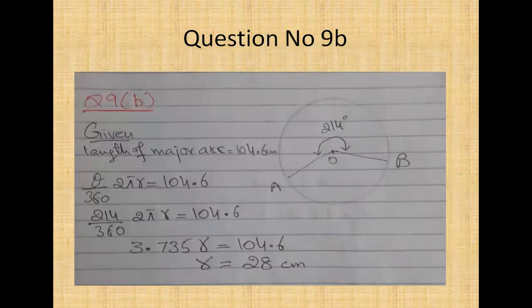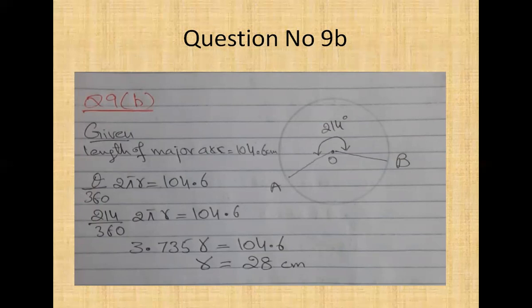So the length of the major arc is given, that is 104.6 centimeter. The angle subtended by the major arc is also given, that is 214 degrees. And the question is, what is the radius? So it will be theta by 360 times 2 pi r equals 104.6.